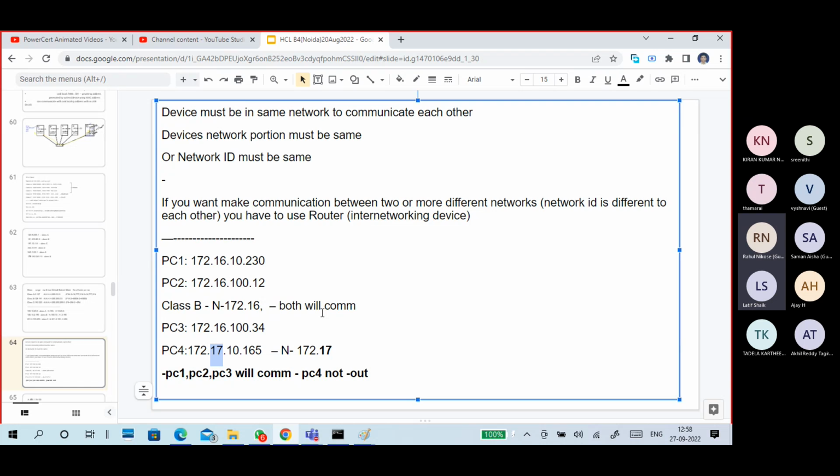When you cross verify the IP address, both PCs are in the same physical network and unable to communicate with each other, and when you check, the IP addresses have different network portions. What will you do? Correct the network portion. So 3 PCs are in one network, the fourth one is different, so we can correct the fourth one.